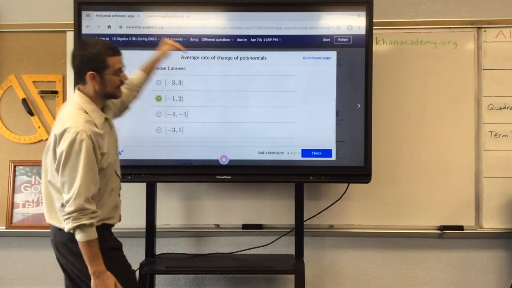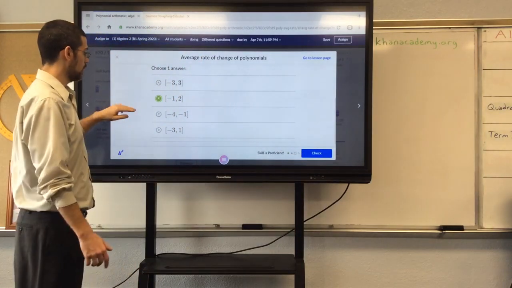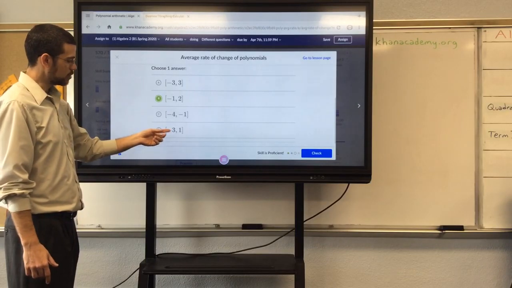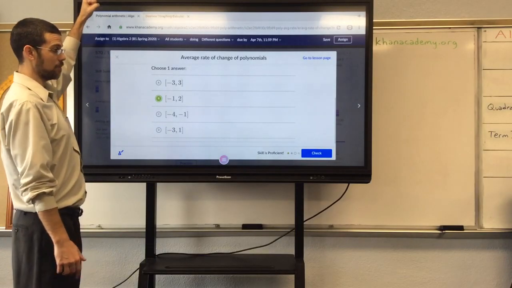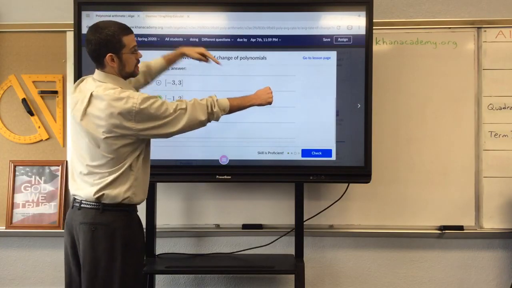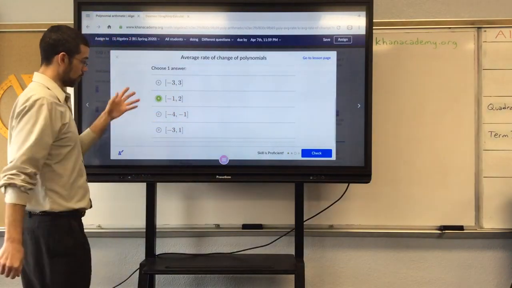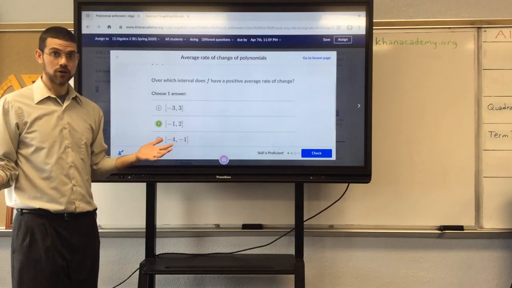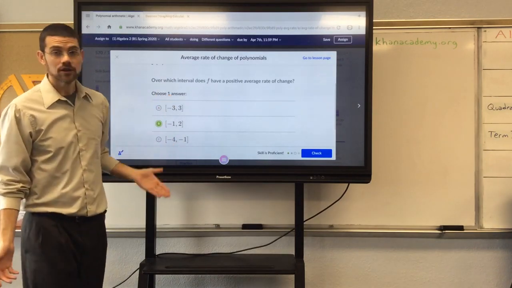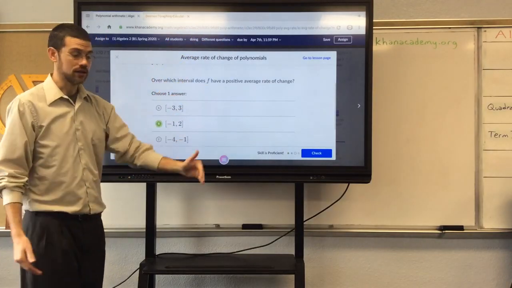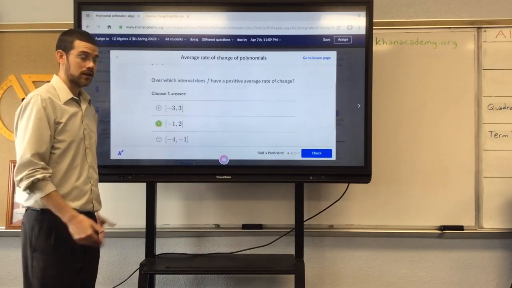So I'm going down, I'm decreasing, so it's not C. And for the same reason, we square negative 3 and it's high up here. We square 1 and it's not as high, and I still have a negative slope. So I don't actually have to find the slopes. I just need to know, is it increasing as we go from left to right, or is it decreasing? This is the only one that increases.